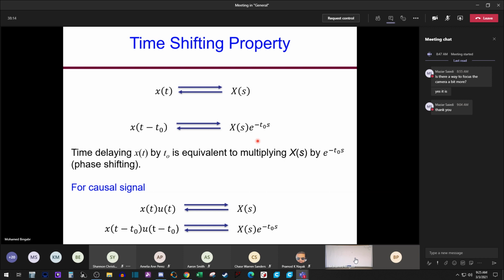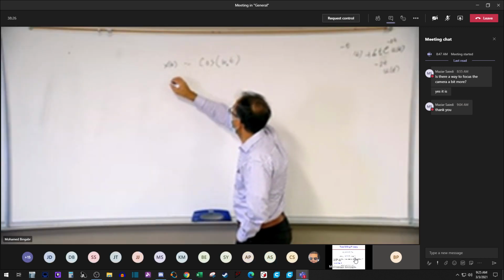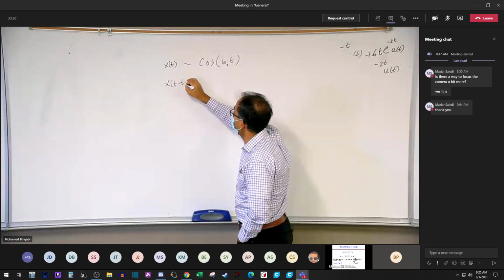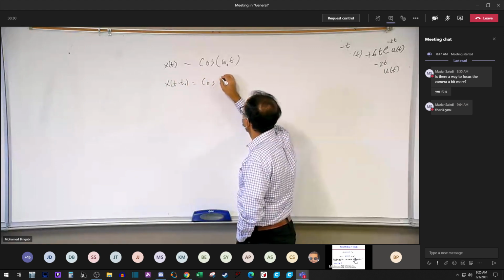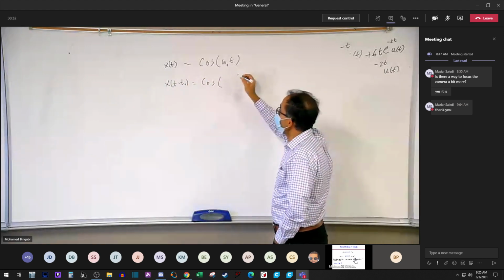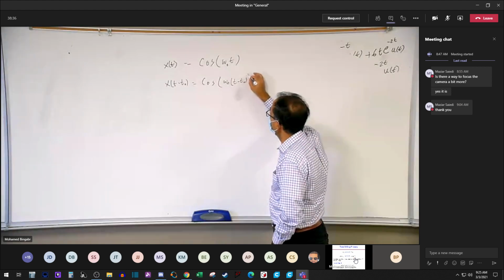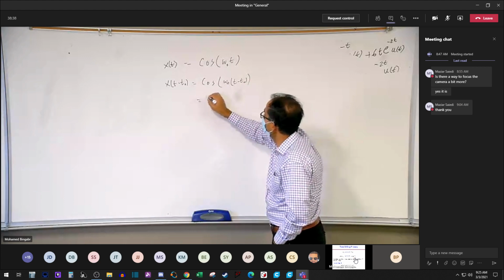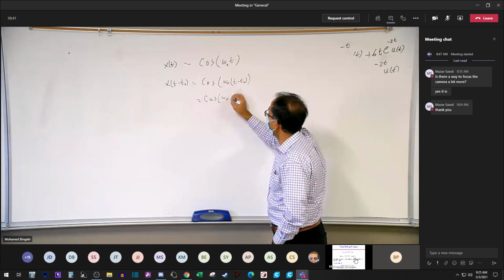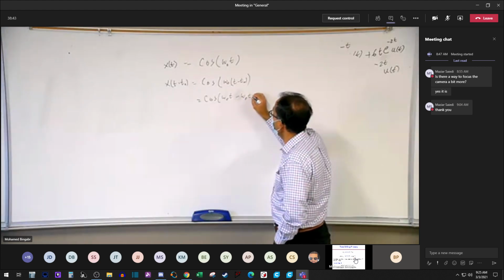And there is some analogy to this one. If you say x of t is cosine omega 0 t, now, if I delay it, that means wherever you see t, you replace it by t minus t0. So that will be cosine of omega 0 (t minus t0), which is just cosine omega 0 t minus omega 0 t0.